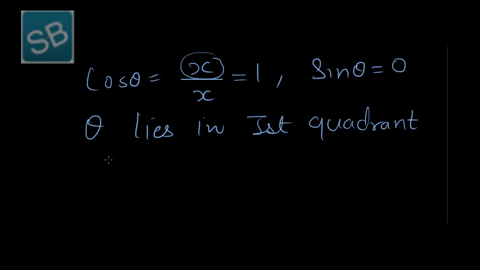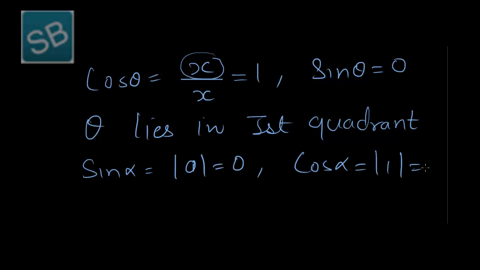And we define sin alpha is equal to mod 0, that is 0, and cos alpha is equal to mod 1, that is 1. That is, when sin alpha is 0 and cos alpha is 1, then the angle alpha is 0. Then theta is equal to alpha, that is 0.